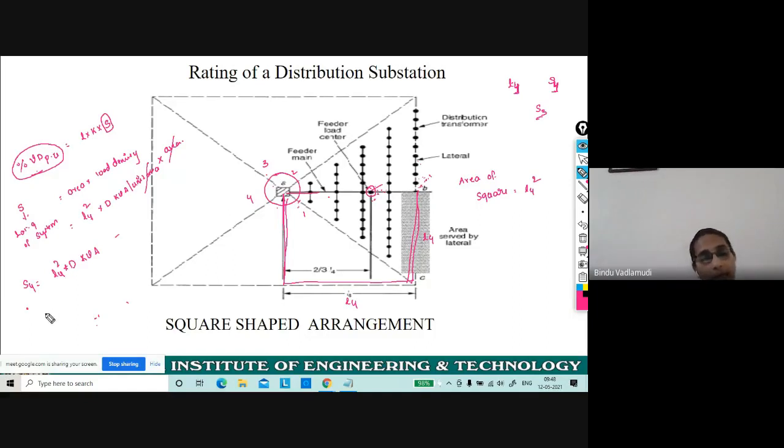Then L is equal to 2 by 3 L, whereas L is represented here as L4.